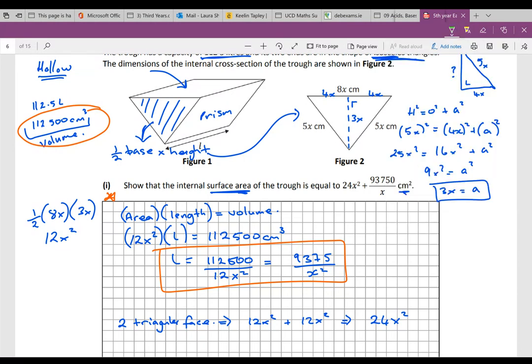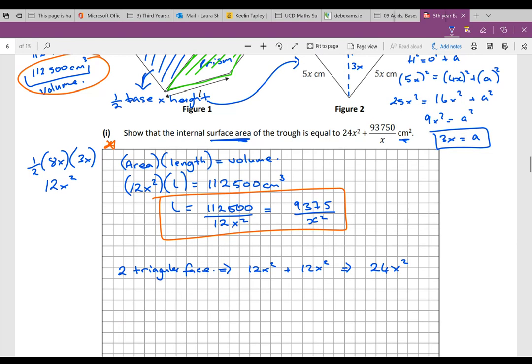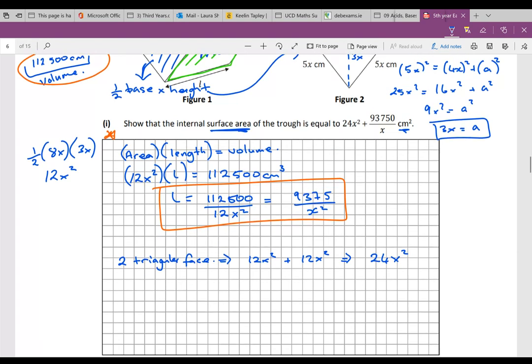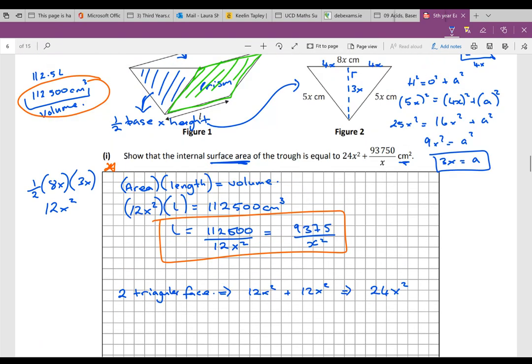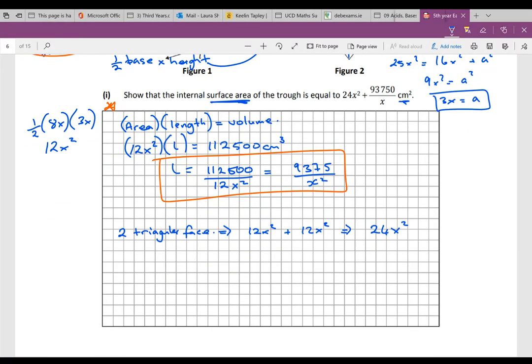Two of this side here, which is a rectangle as such. The length of that is 5x.